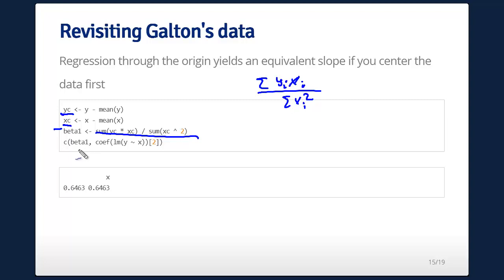I'm going to compare my slope, beta 1, 0.64, with the coefficient if I included an intercept, which again is 0.64. So the regression through the origin slope, having centered the data, is exactly the same as the slope you get if you were to fit an intercept and not demean the data first.